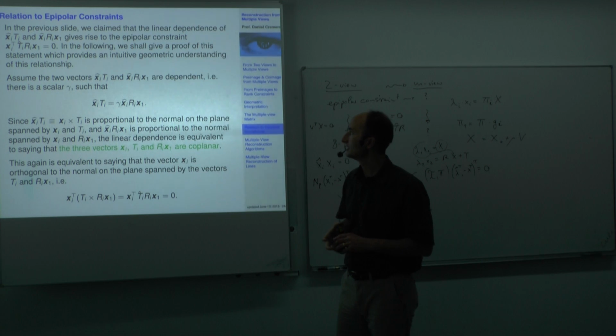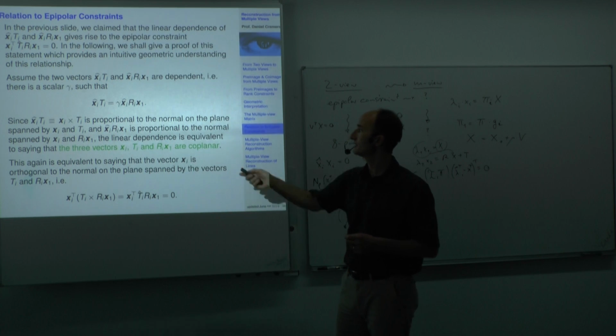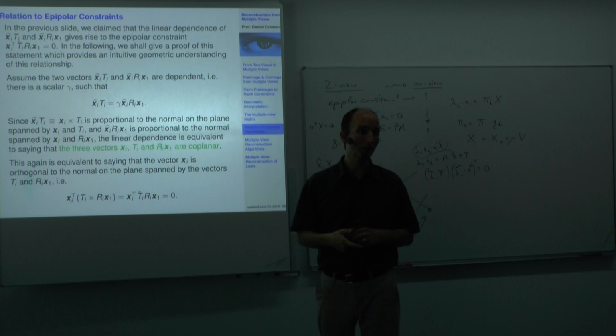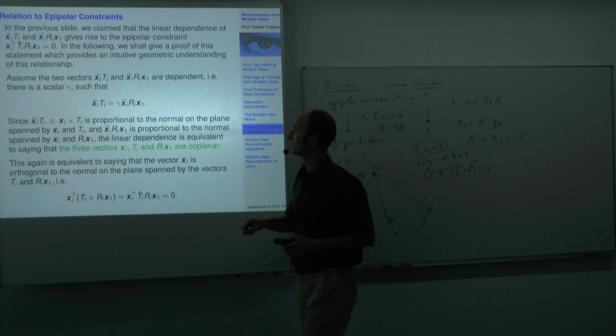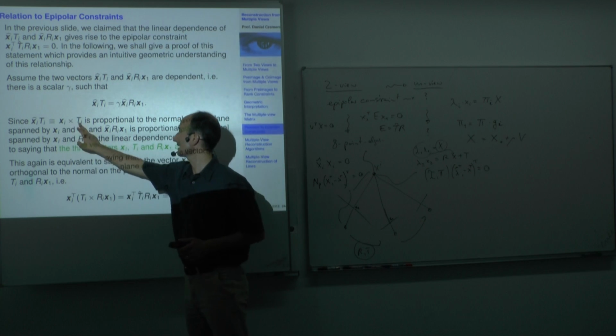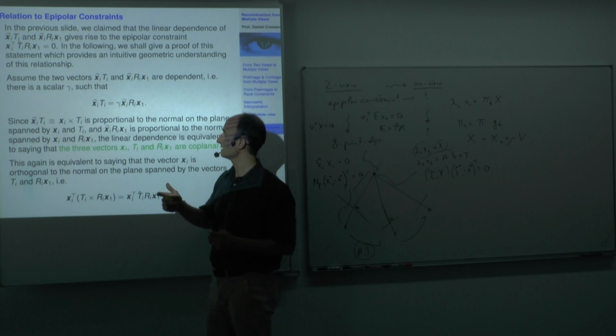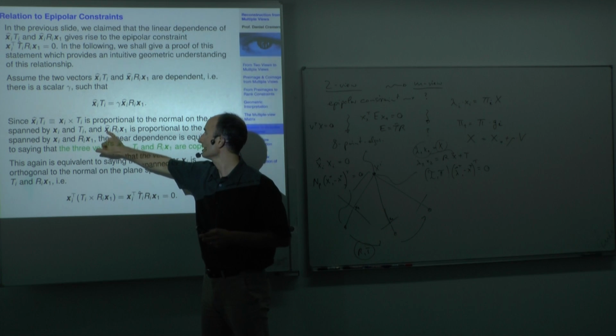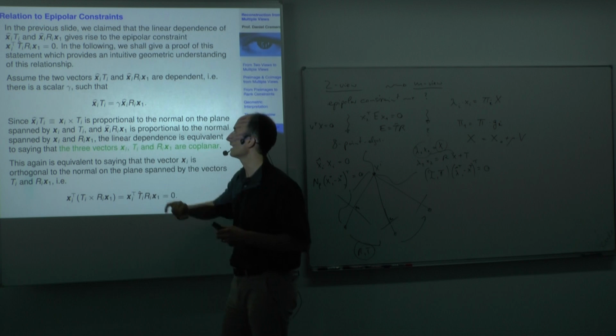And the linear dependency of the two is nothing but saying that the three vectors xi, ti, and ri x1 are coplanar. So if I take the plane spanned by xi and ti, the normal vector on that plane is proportional to the normal vector on the plane spanned by xi and ri x1.